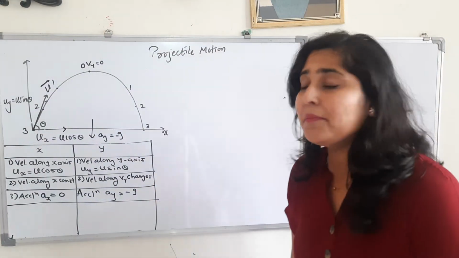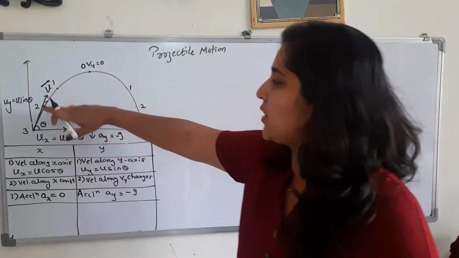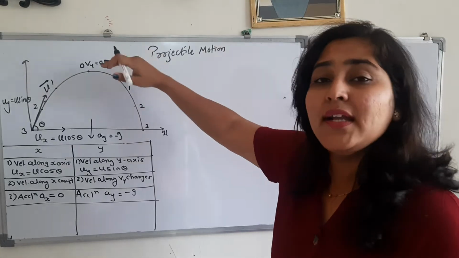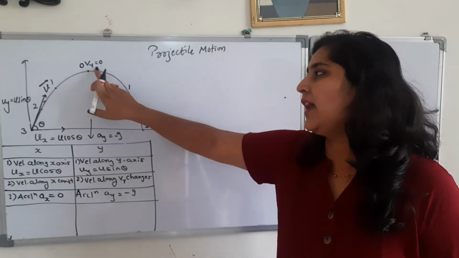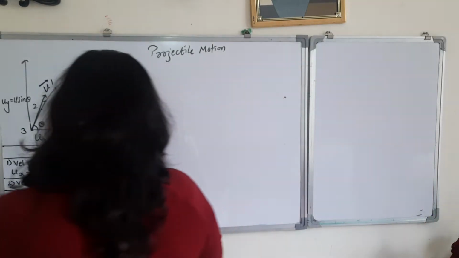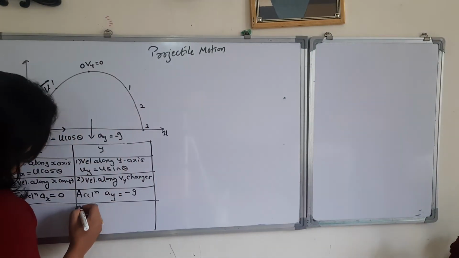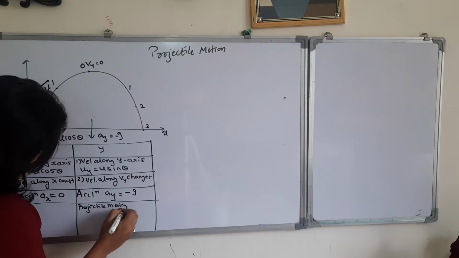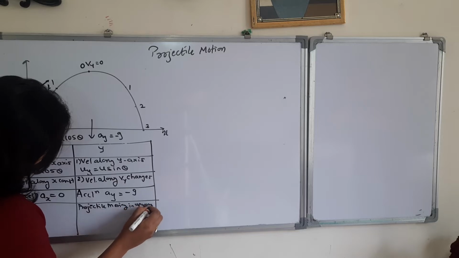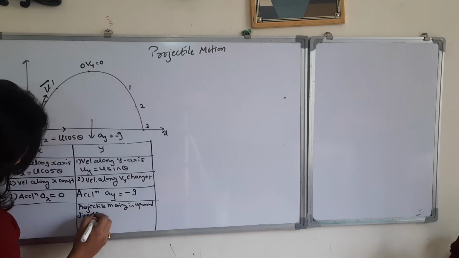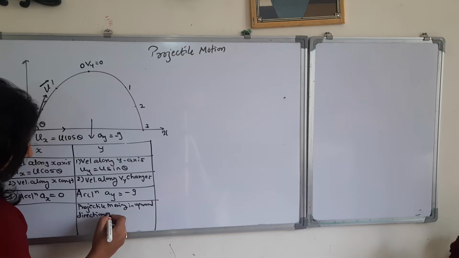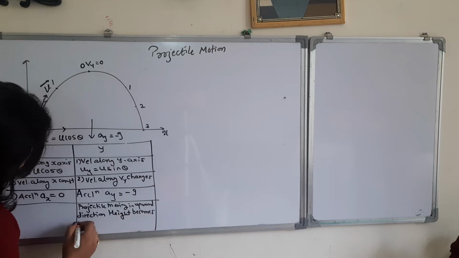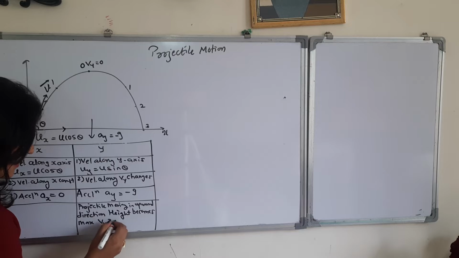So where would it have done maximum displacement? As it goes upward, when it reaches here, this is the maximum height achieved by the projectile, right? Where the velocity component becomes 0. So we can sum up this idea as: projectile moving in upward direction, height becomes maximum when Vy is equal to 0.